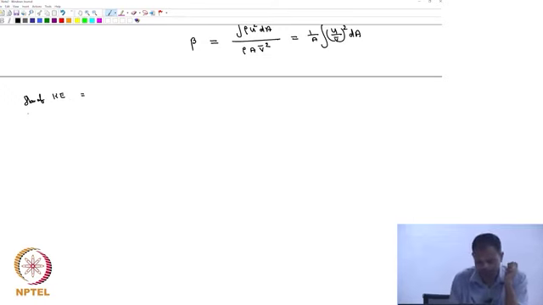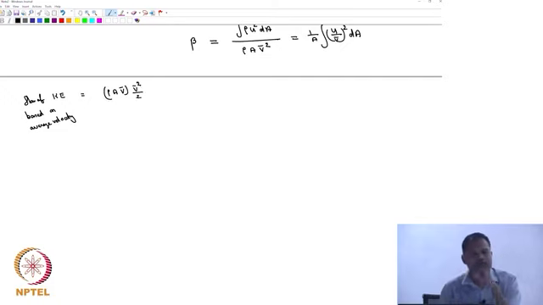If you do it based on average velocity, you would write it as flow rate, which is rho into A into V bar into V bar square by 2. So, mass flow rate into V bar square by 2 is the kinetic energy.